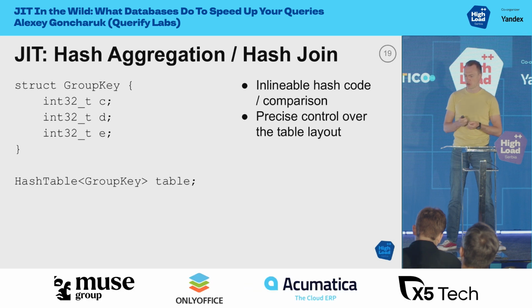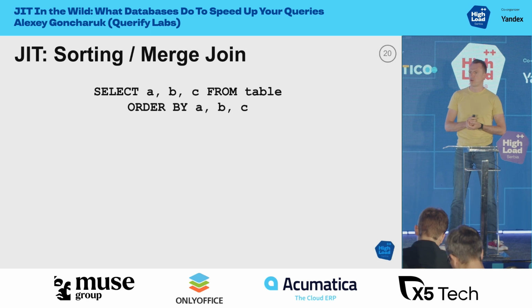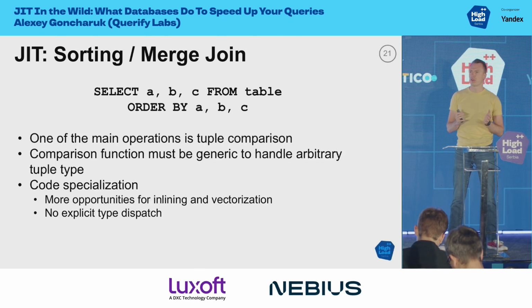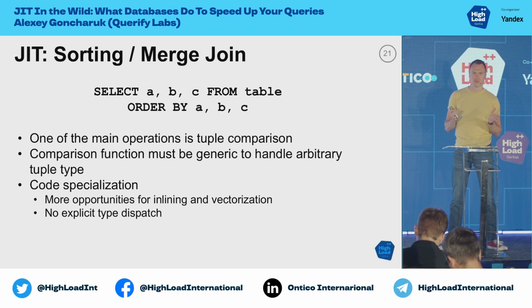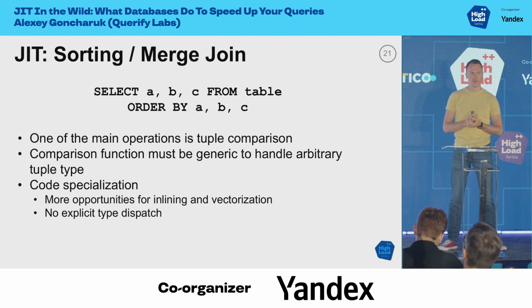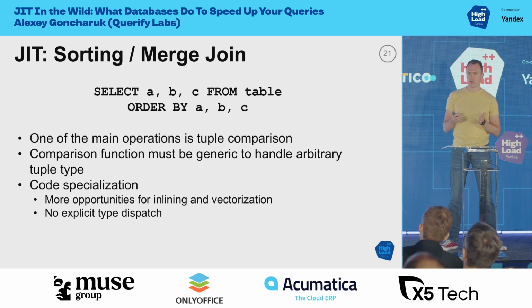The same thing goes, for example, for merge join and sorting operators, because the core thing of these two operators is the comparison function. And again, if you do not know in advance the information about the query that we would execute, the comparison function would need to handle all that complexity by itself.